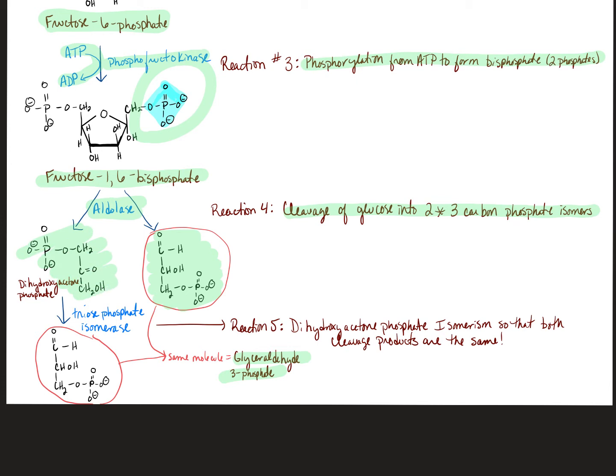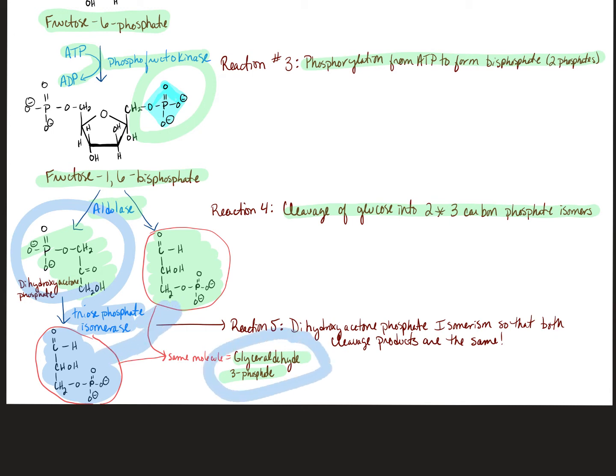Well, here's what's neat. In the fifth reaction, the one that's over here, uses another enzyme called triose phosphate isomerase to make this, which is the same thing as what this guy is. So these two things are the same.